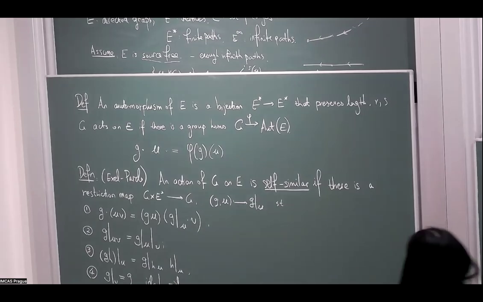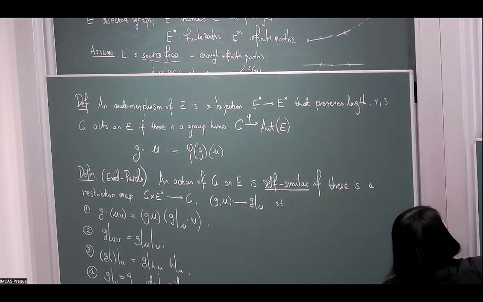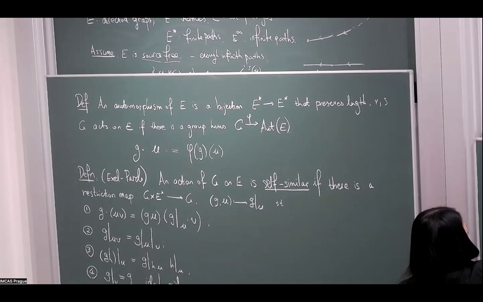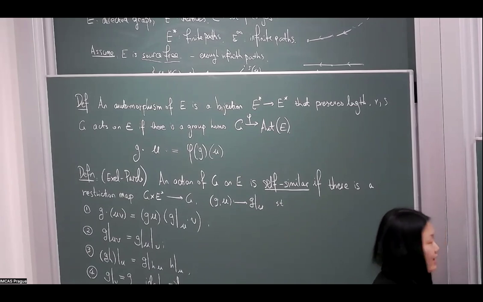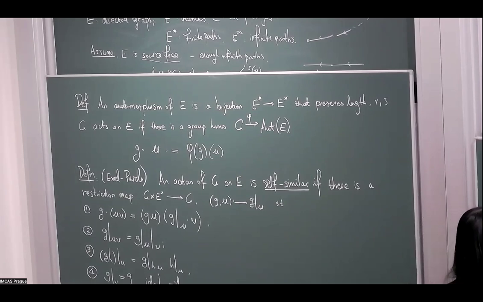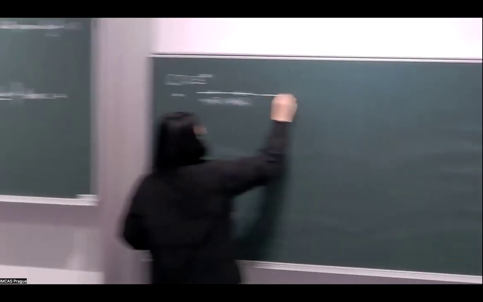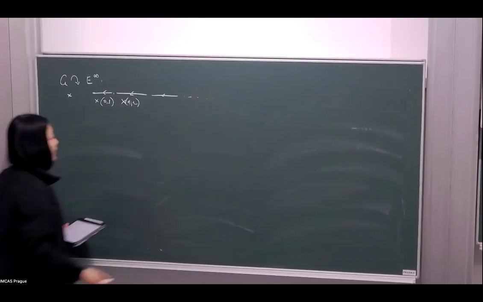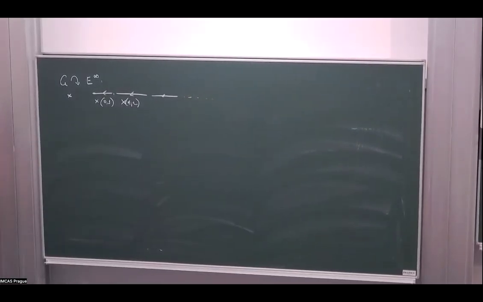So once you have this self-similar action, there is an induced action of G on the infinite path space, a very natural one. So if you start with an infinite path x = x_{0,1}, x_{1,2}, and so on and so forth, you could already imagine where this infinite path is sent.